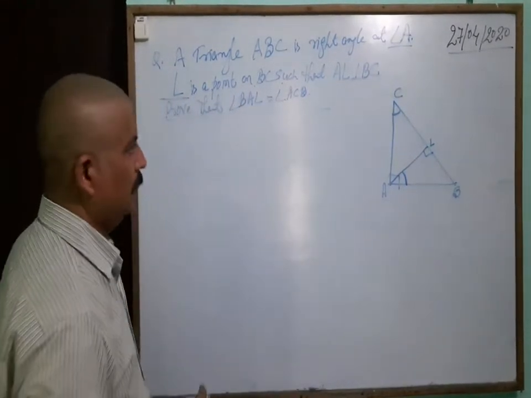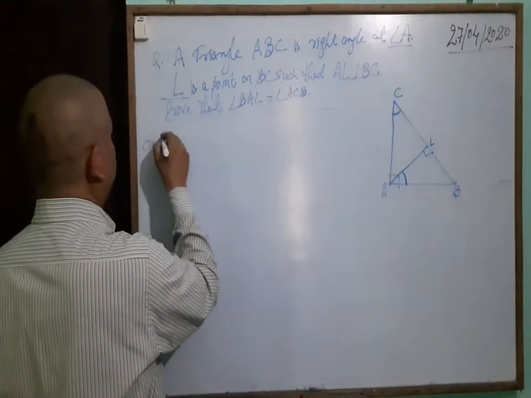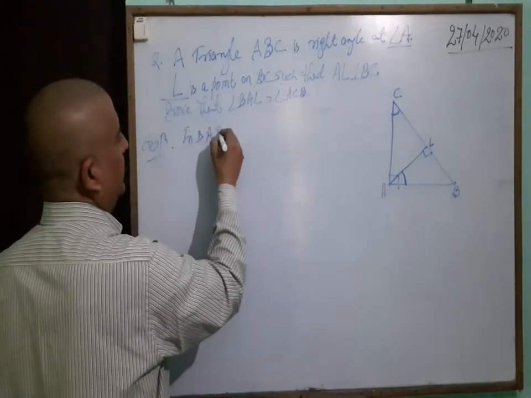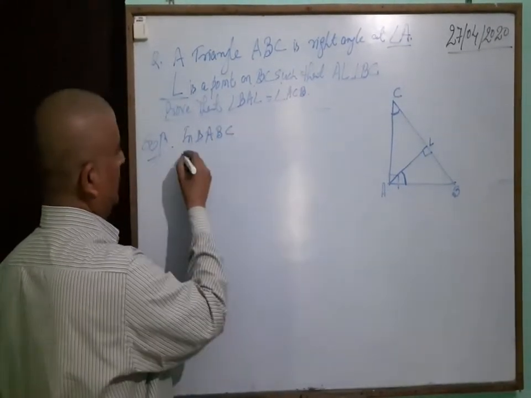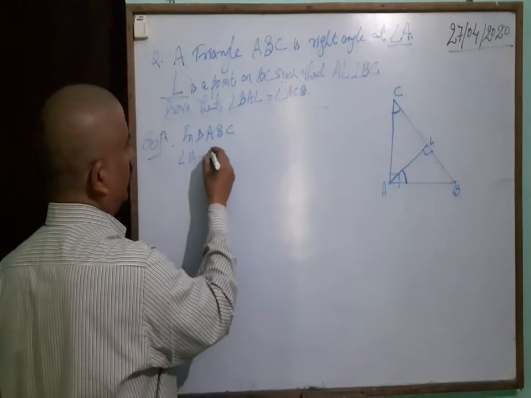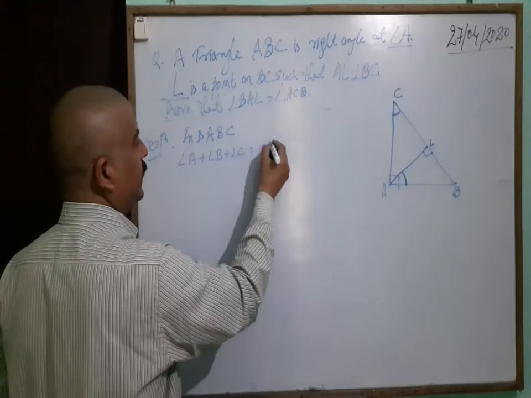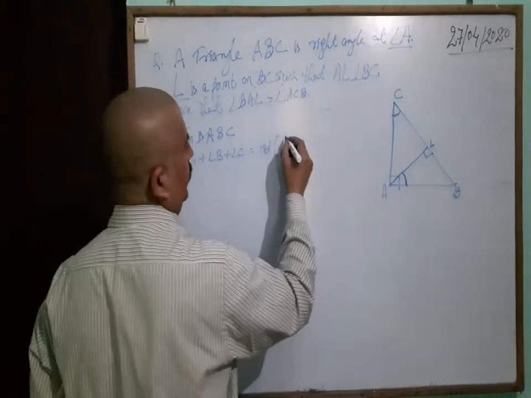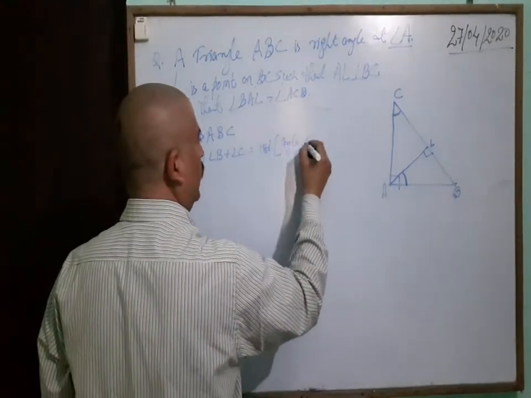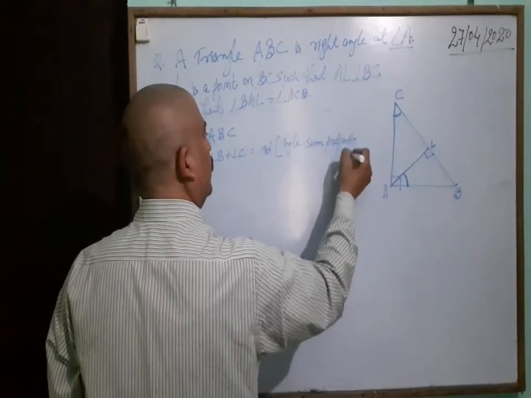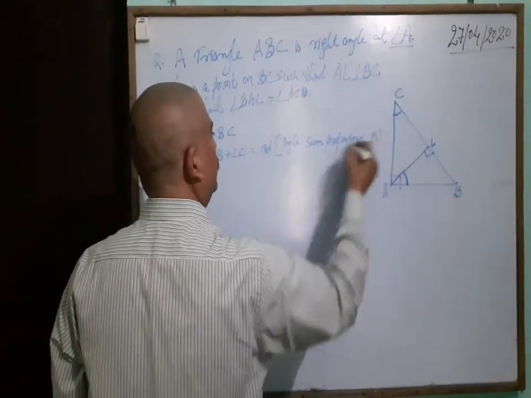Solution. First, in triangle ABC, angle A plus angle B plus angle C is equal to 180 degrees, by the angle sum property of triangle ABC.